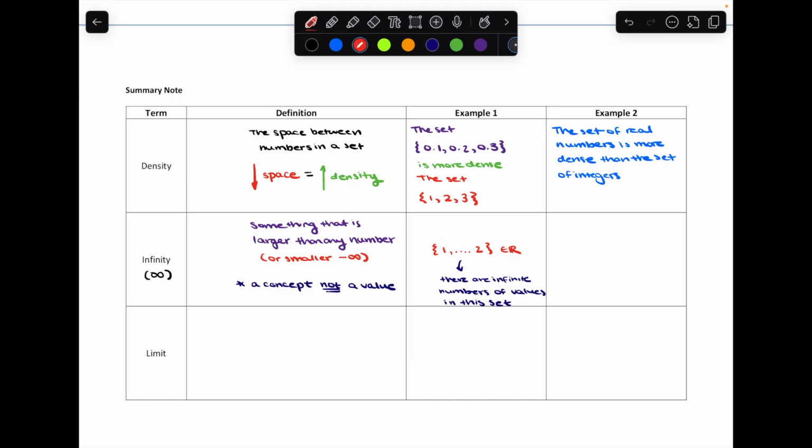And here next, if we have a set, so 1, 2, 3, 4, and so on and so forth, we see that if it continues, it will continue to infinity, which means that we can say that this has a limit to infinity.